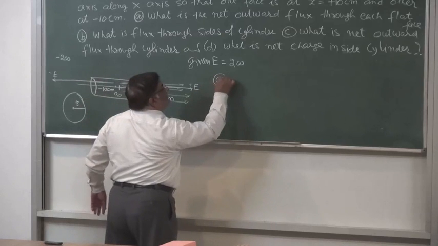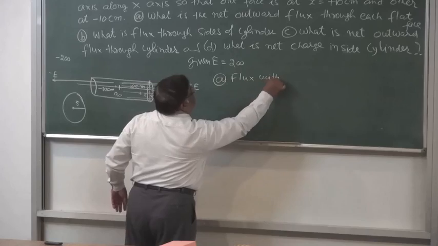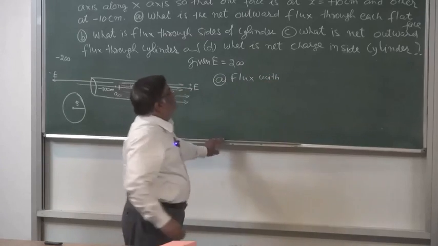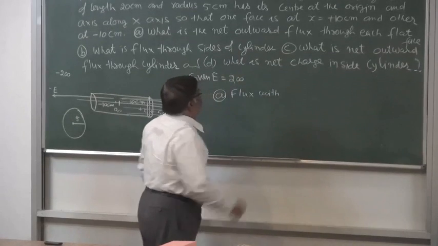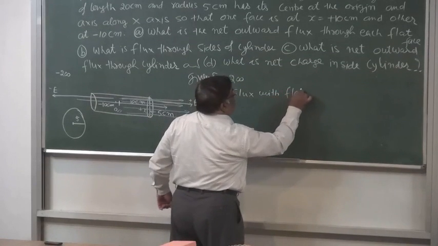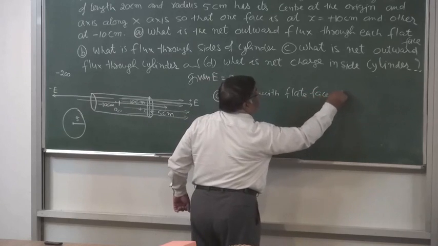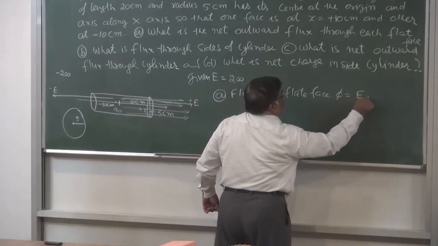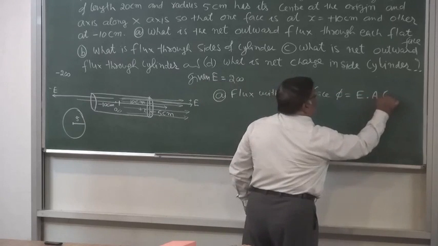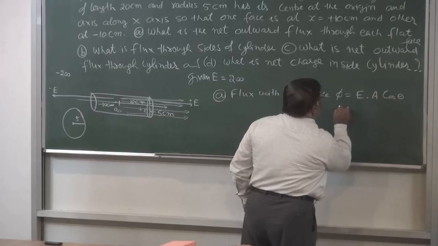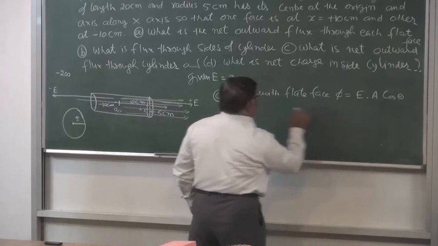So, flux through the flat face. What is the formula? E into A into cos theta. This is equal to E into A into cos theta.